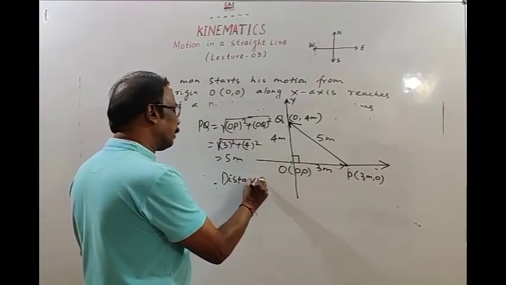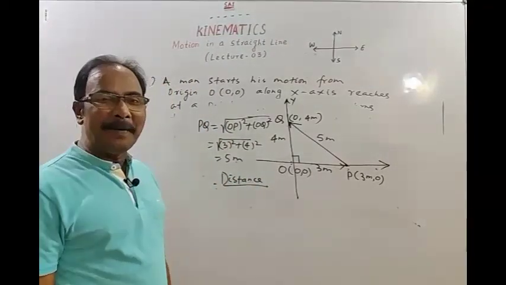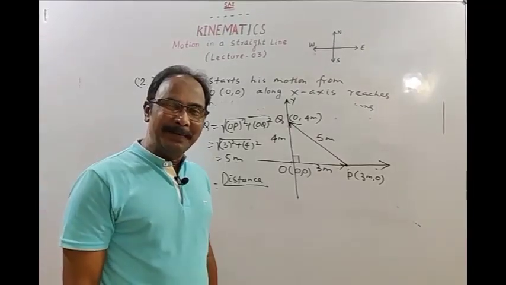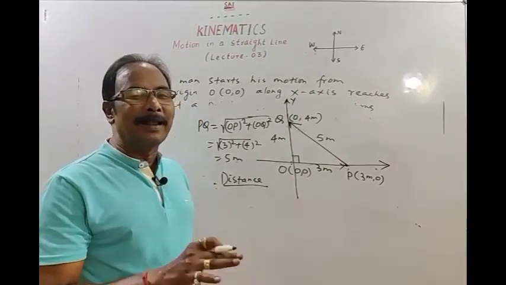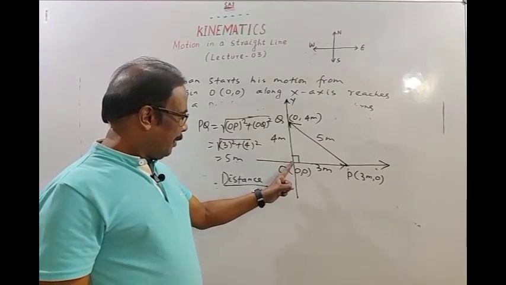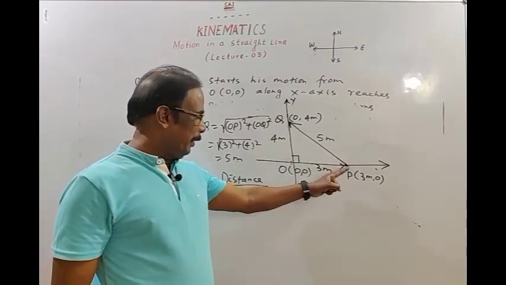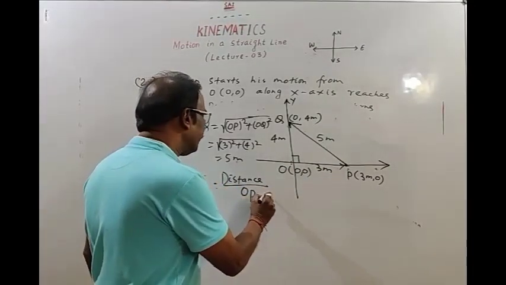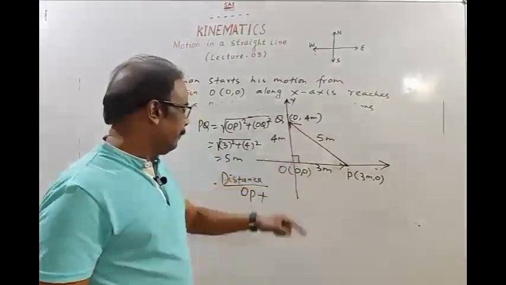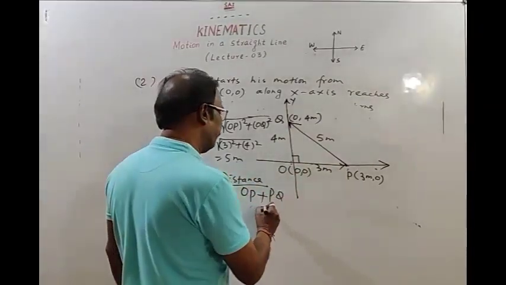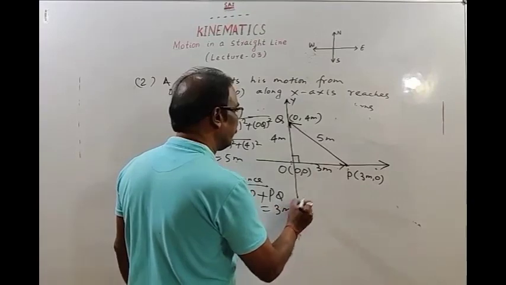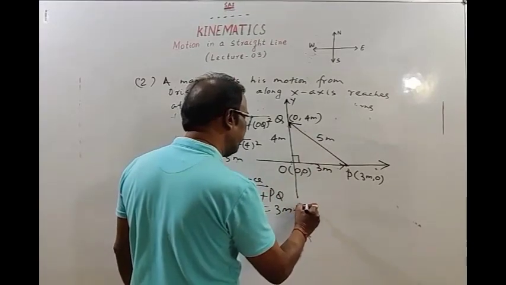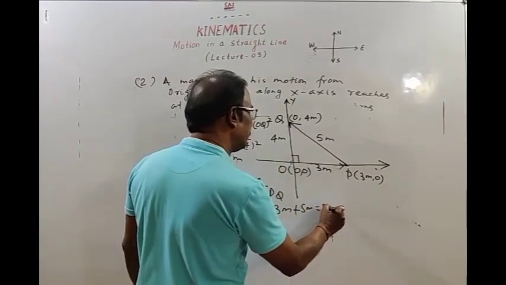Distance is the actual path traveled by the object, irrespective of direction. The object moves from O to P, path length is OP, then moves from P to Q, path length is PQ. OP is 3 meter, PQ is 5 meter, so distance is 8 meter.